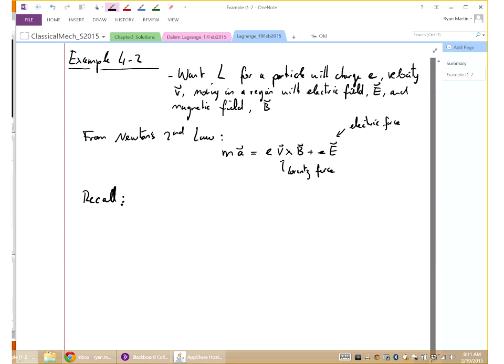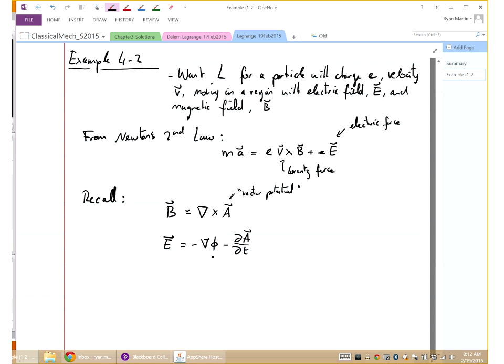So let me just recall from electromagnetism that the magnetic field B can be found by taking the curl of what's called the vector potential A. And then the electric field E is given by minus grad phi minus ∂A/∂t.